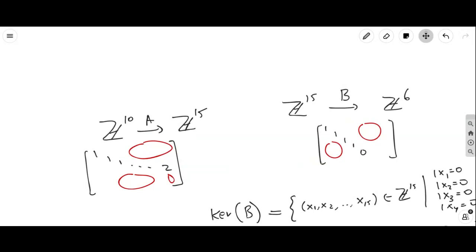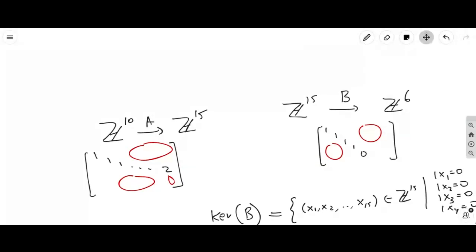And now we can compute the homology by using this.